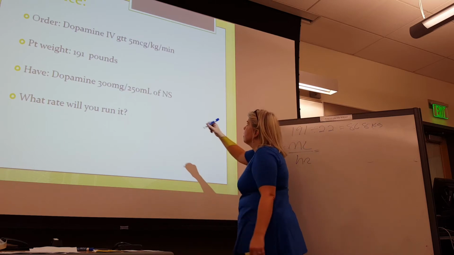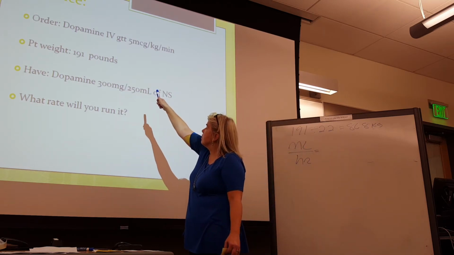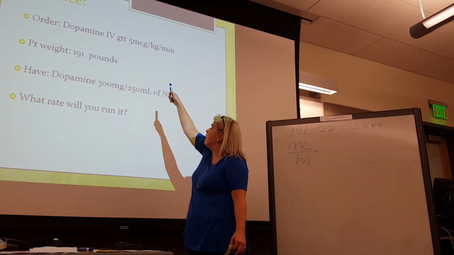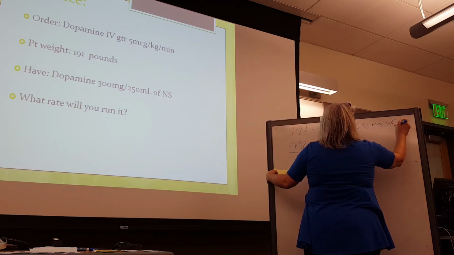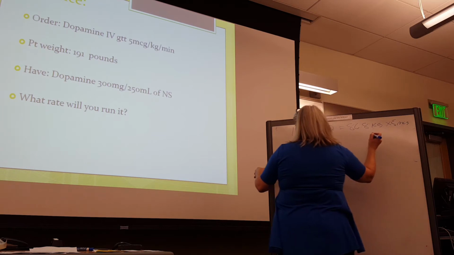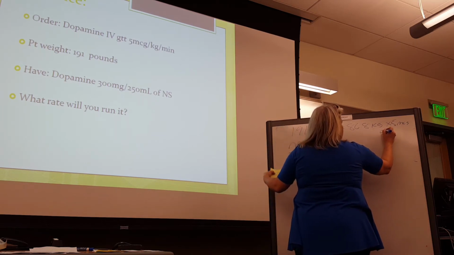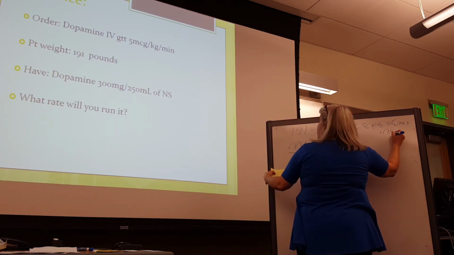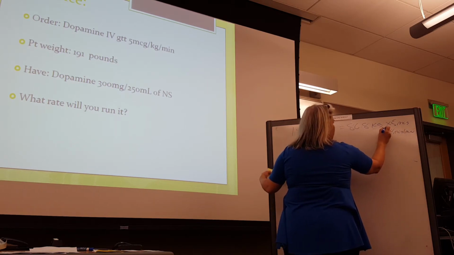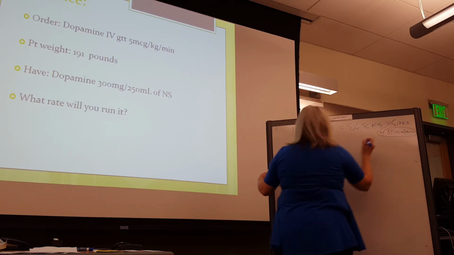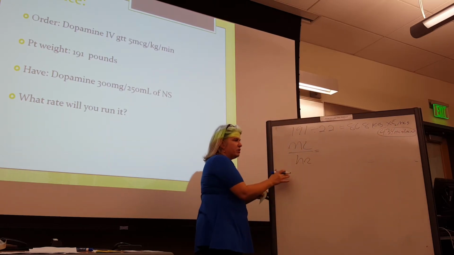And then I'll take the kilograms and multiply that by the 5 micrograms. So times 5 micrograms, and we get 434 micrograms per minute, and I just keep that in a holding pattern until I'm ready to use it. And then I'm going to come back to my dimensional analysis.